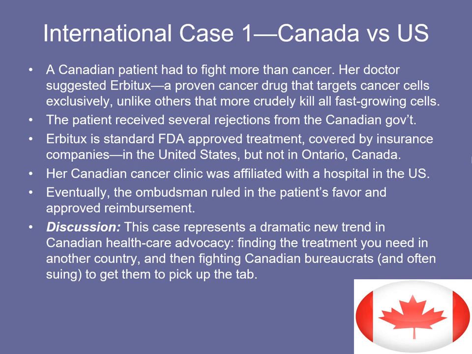The ombudsman is a system they have in Canada to permit patients to appeal rejections. And in this case, the ombudsman, with all the information in hand, most notably that this was an FDA-approved treatment in the United States, ended up ruling in the patient's favor.